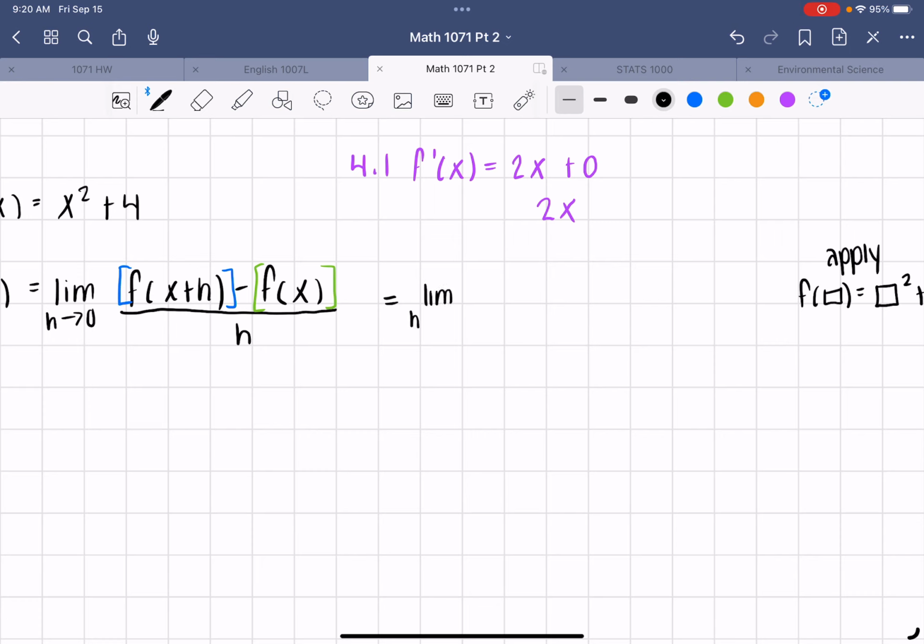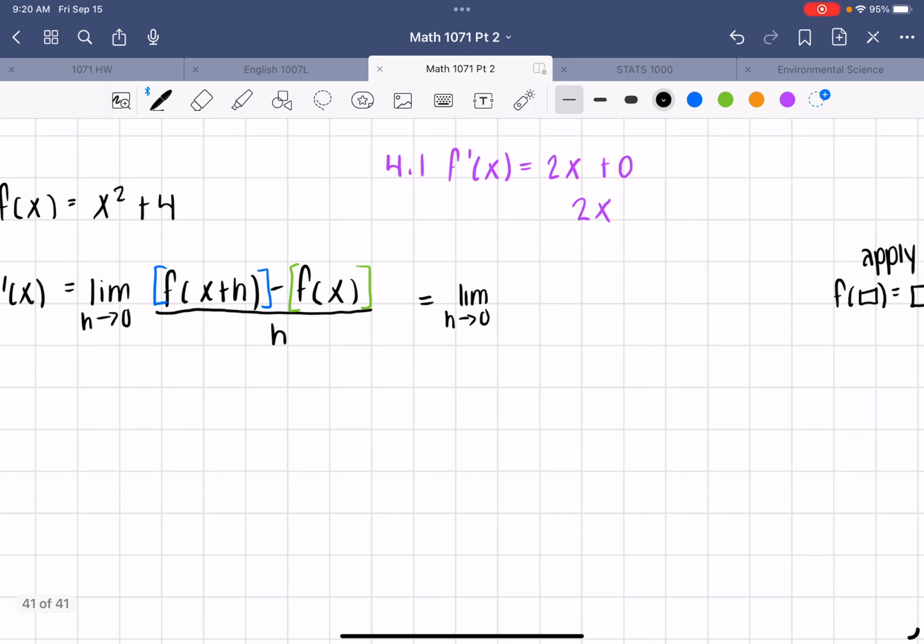There is your blue. Minus, here is your green. F of x, put x into the box, which was what you began with, x squared plus 4. Divide that all by h.